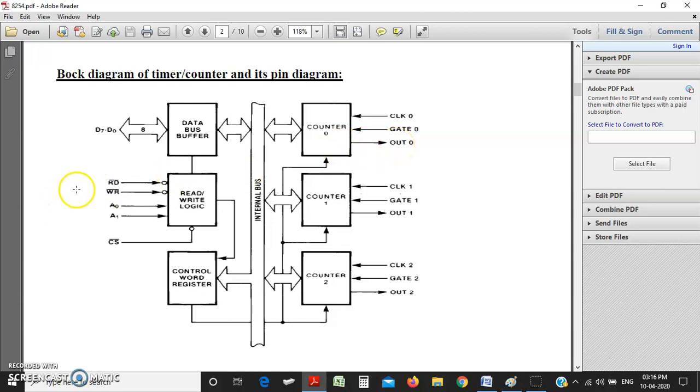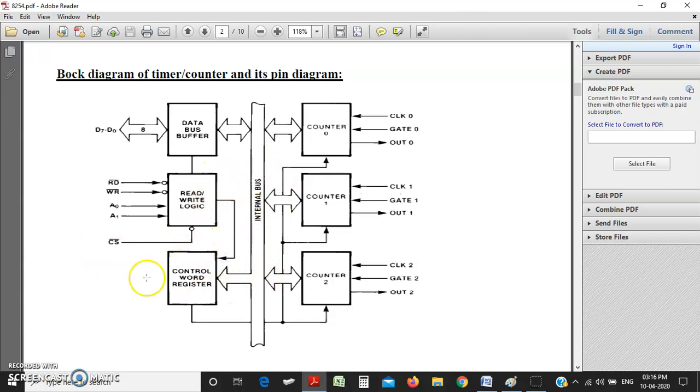Okay, and it has some control logic, read-write logic here. It has read bar pin, write bar pin, A0, A1, and chip selection pin.